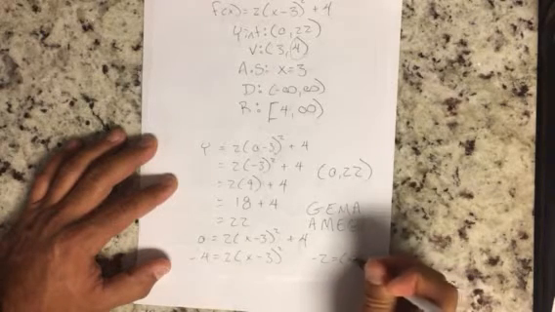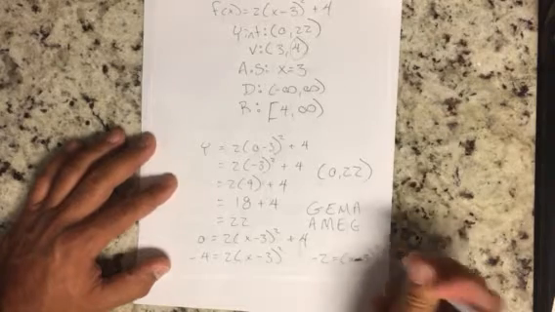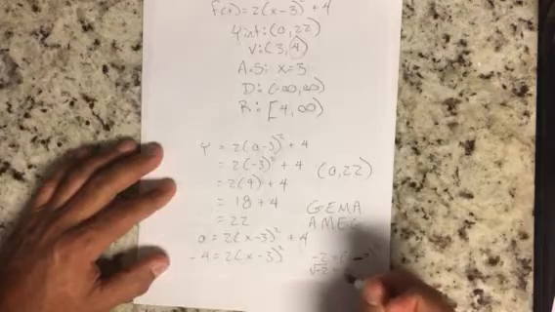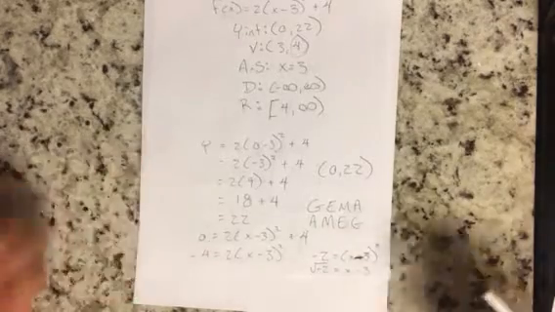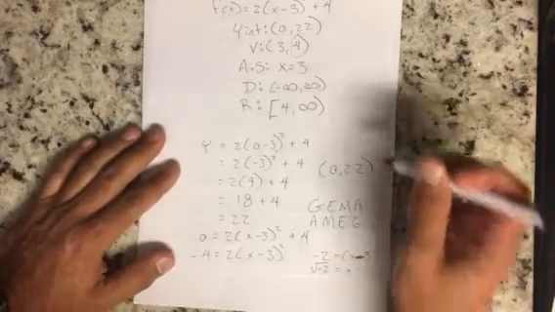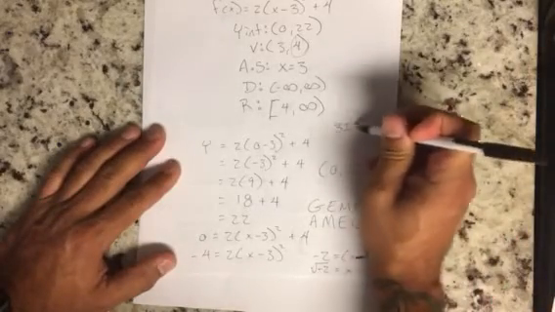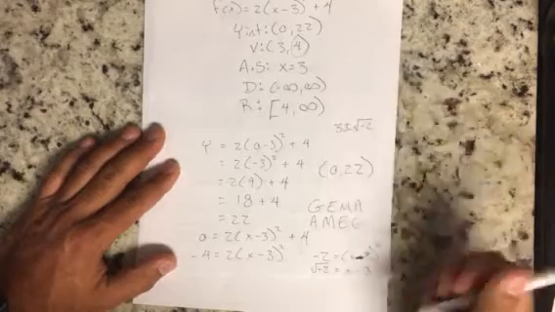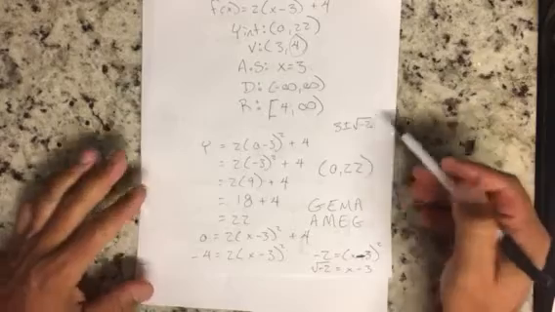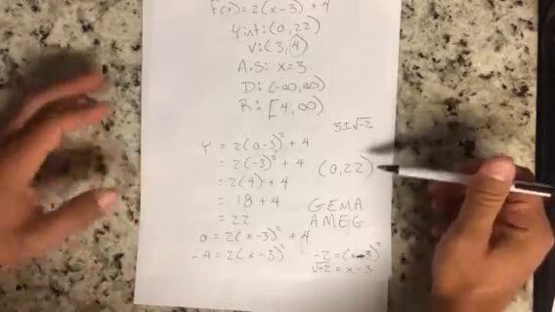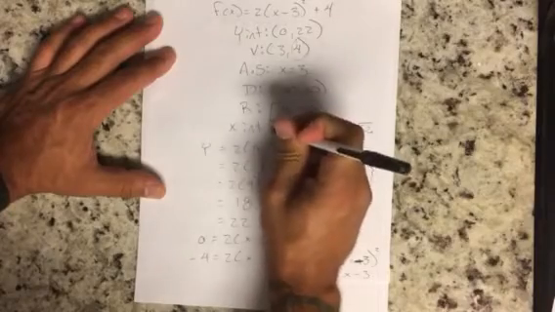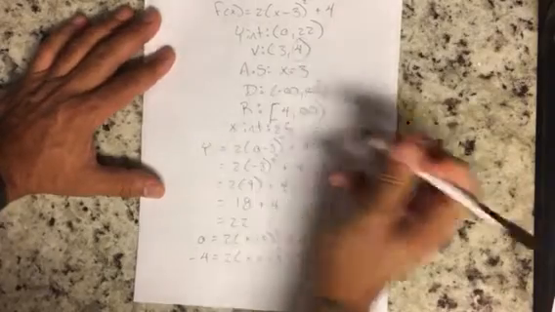Get rid of the exponent, so I'm going to do a square root. And then I got rid of the grouping symbol, so then I just add the 3. Always do a plus or minus here. So that gives me 2 values. What this means when this is negative is that I don't have any x-intercepts. So I'm going to put an empty set there. There's no x-intercepts.